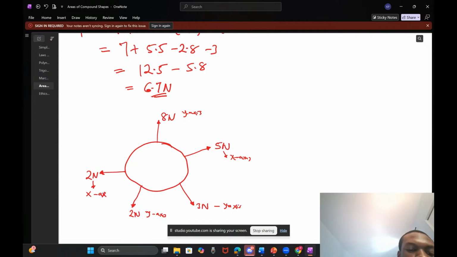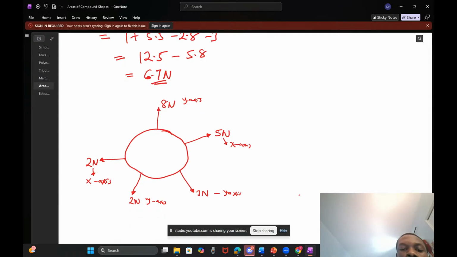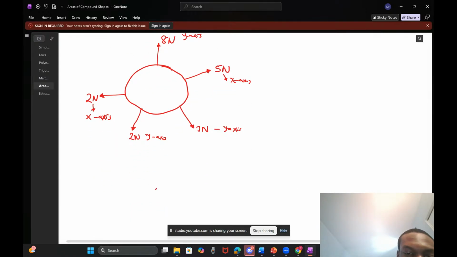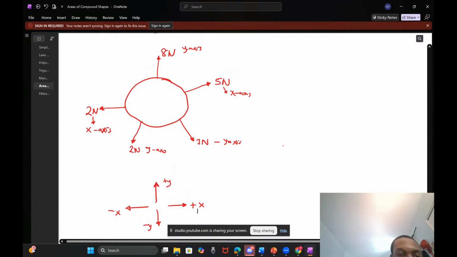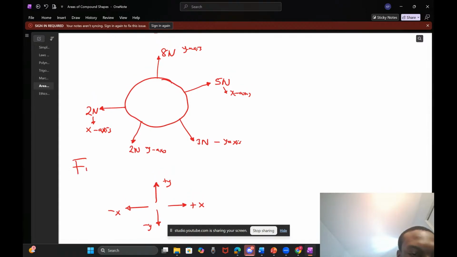So now, from the information we already know, this side is positive y-axis, this is negative y-axis, this is negative x-axis, this is positive x-axis. So now I want somebody to find the resultant force, and tell me the answer from this question I put, from this ball with all the forces facing there.